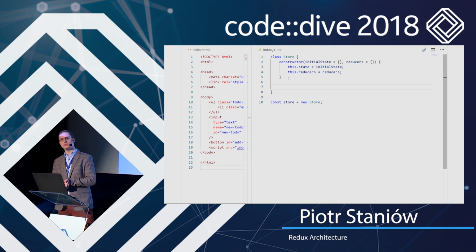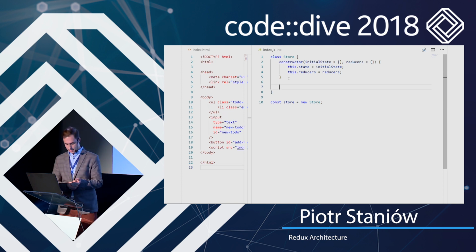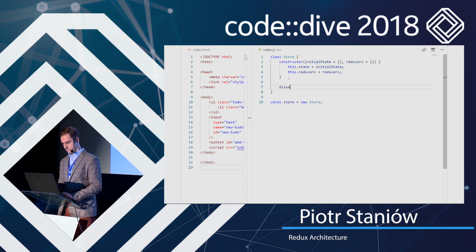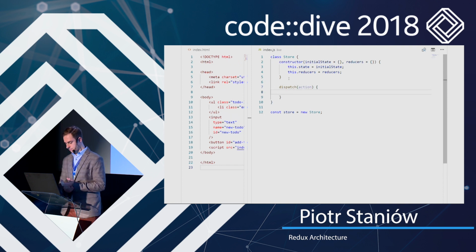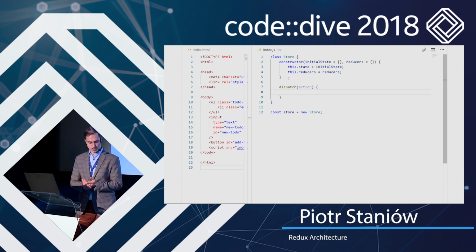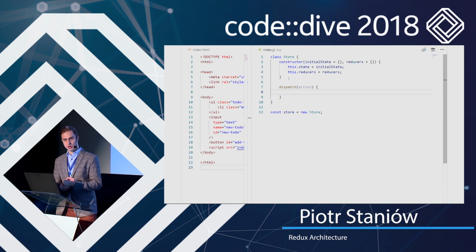Next, I'd like to be able to dispatch an action. I'd like to say that something has happened in my app. So because of that, I'll write a dispatch method here. And it accepts an action. And what it has to do is to actually call your business logic and to update your state.